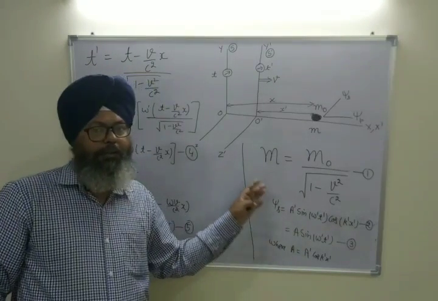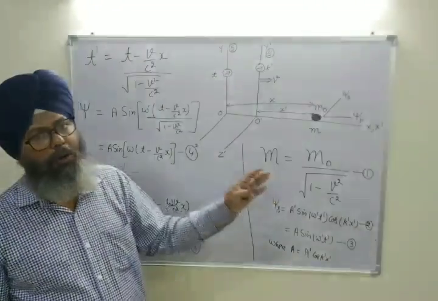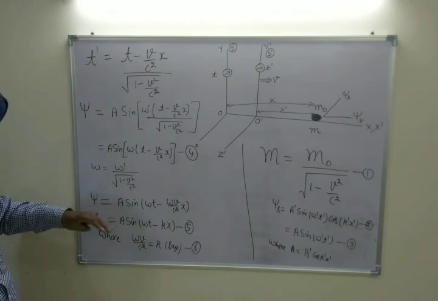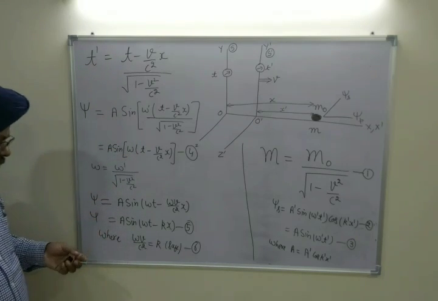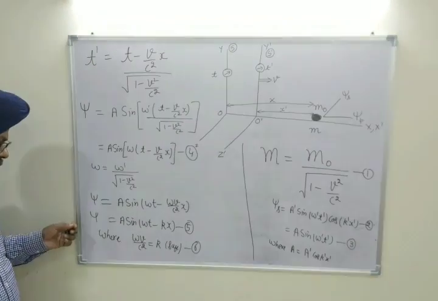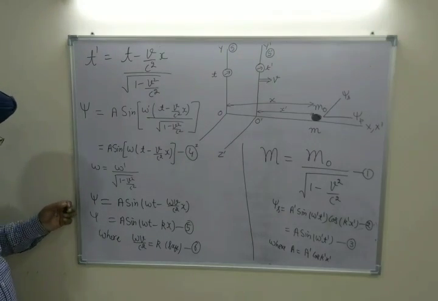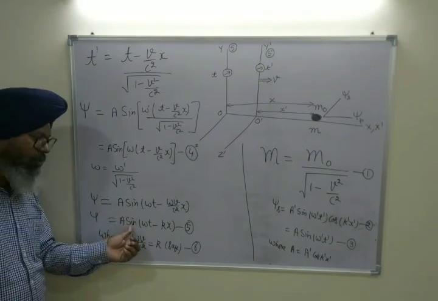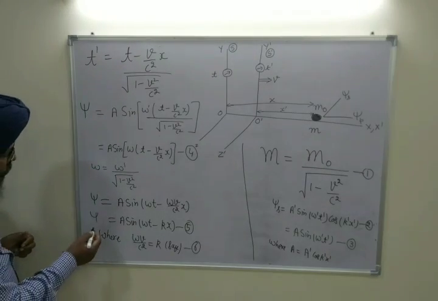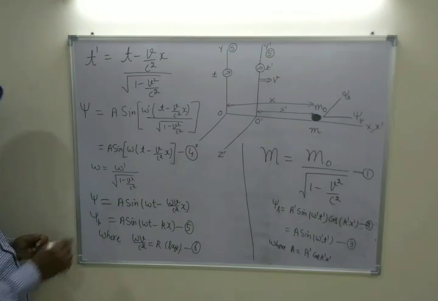Then we applied the transformation of special theory of relativity, and when we solved it and readjusted the terms, we found that the wave function of the particle in the frame S matches with the standard progressive wave equation. I can just put subscript P here. Why?